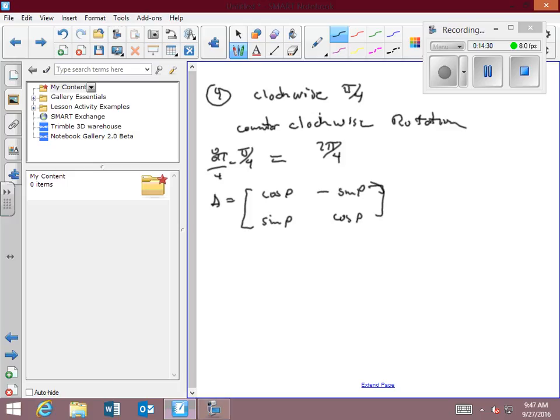So what you're going to do is A equals cosine of 7 pi over 4, minus sine of 7 pi over 4, sine of 7 pi over 4, and then cosine of 7 pi over 4.